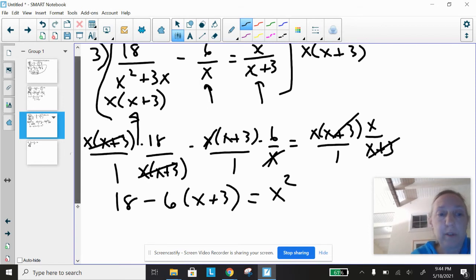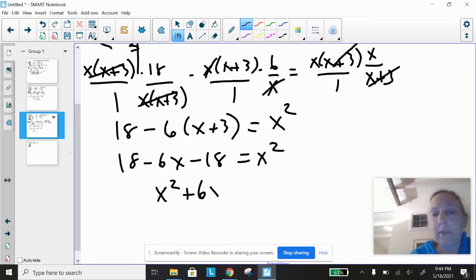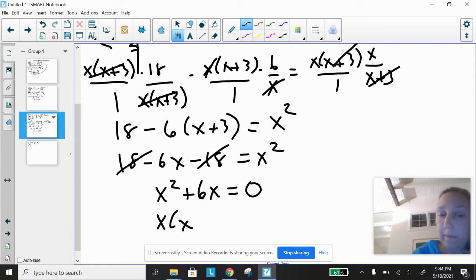And then from here, I'm going to solve. 18 minus 6x minus 18 is x squared. And my 18's disappear. I'm going to add 6x. The only reason I'm going that direction, these disappeared, is because I like my x squared to be positive because it's just easier. And then I'm going to use my ZPP.